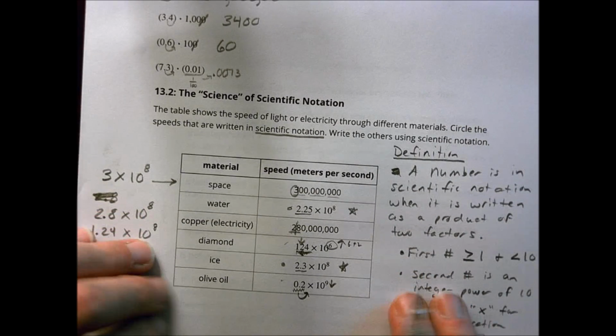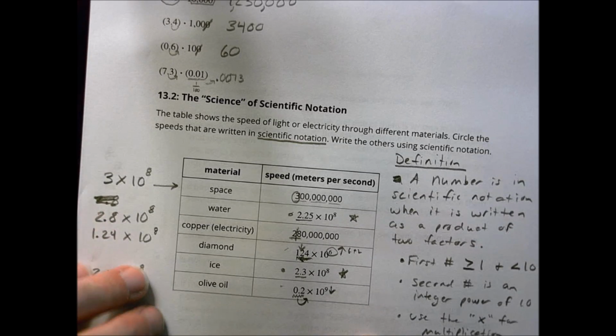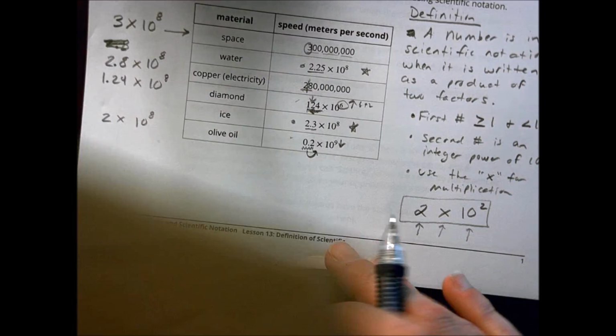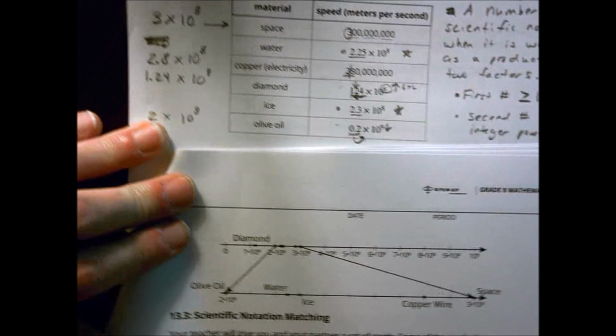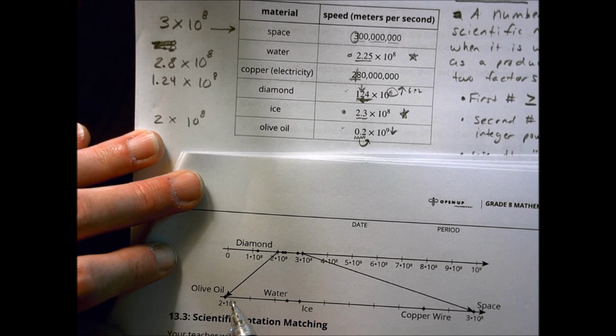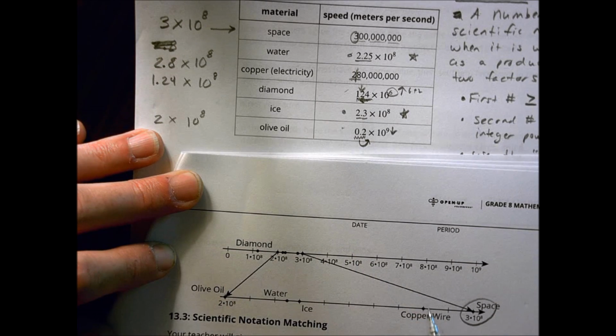And so now what we can look at on the next page is these same numbers. I'm going to go ahead and just use my notes here. They show up on a table looking like this. Okay? And so what we see is once again that space is 3 times 10 to the 8th, over here. We can see the copper wire is 2.8, which is going to be located here, times 10 to the 8th.